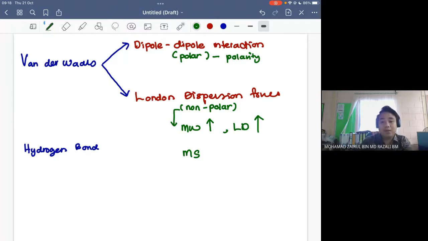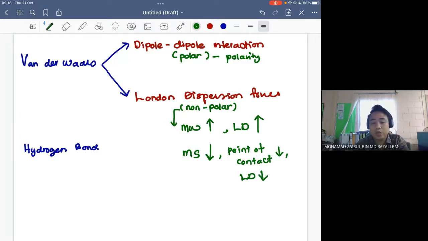Saya tulis MS. Okay, molecular size. The smaller the molecular size, the point of contact becomes smaller. So maknanya punya London dispersion forces will also become weaker. So we going to go into detail after this lah, waktu kita belajar properties of liquid.